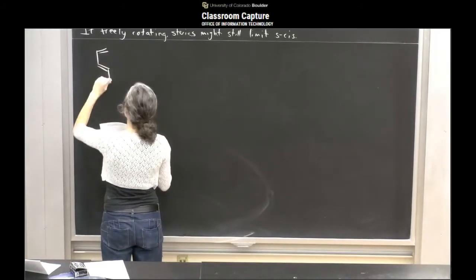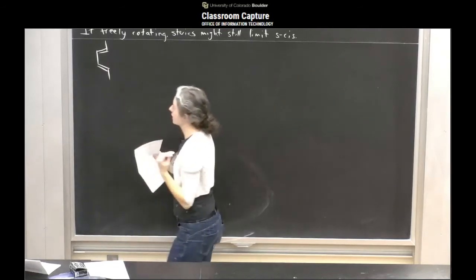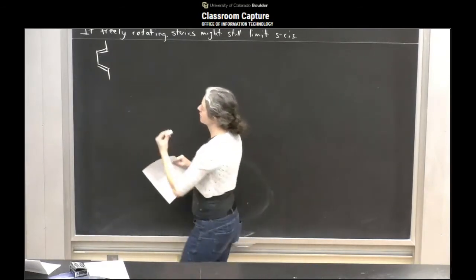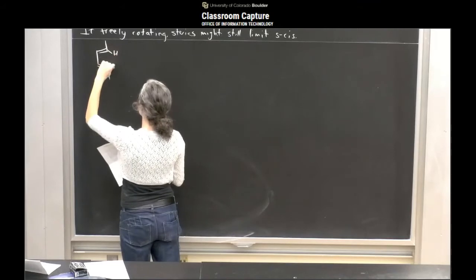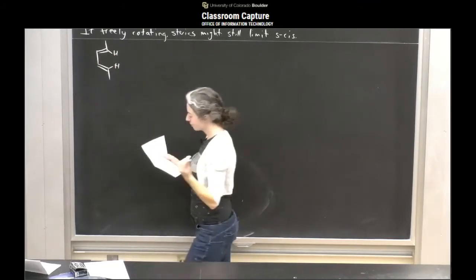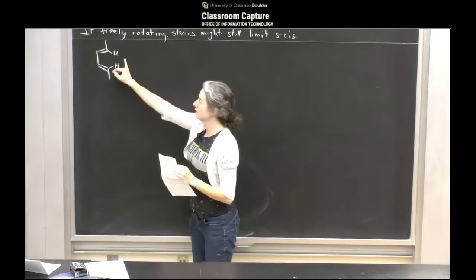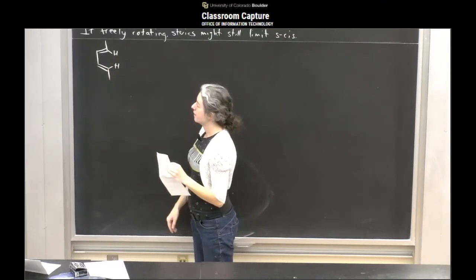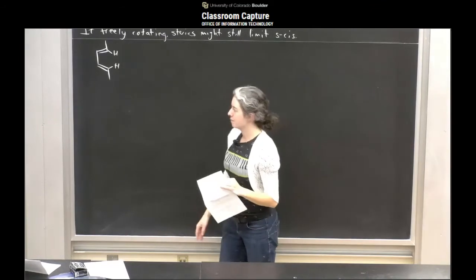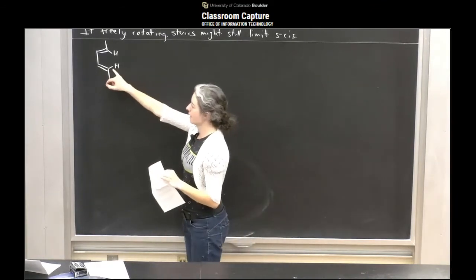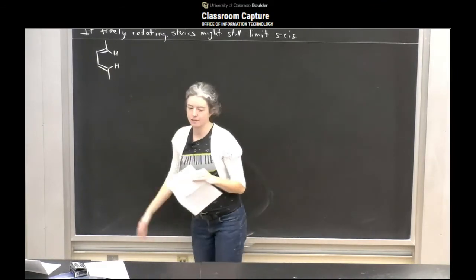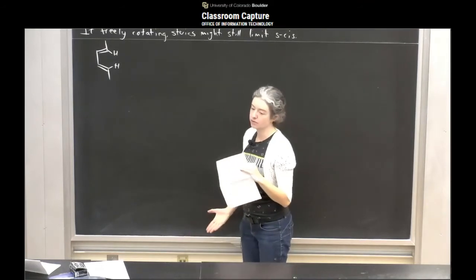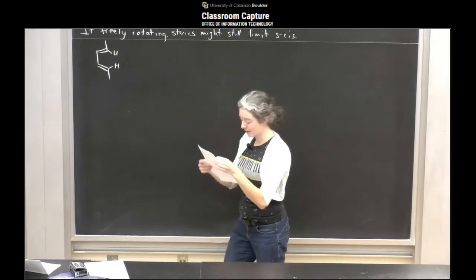If we do something like this, where we've got a couple methyls stuck out on the outside and then just H's on the inside, we saw that there is going to be a little bit of bumping, a little bit of sterics between these two H's. But it turns out it's not that big a deal. Like the molecule is still going to pass through like the flat S-cis conformation enough of the time, or get close enough, that it's still going to be okay at Diels-Alder.